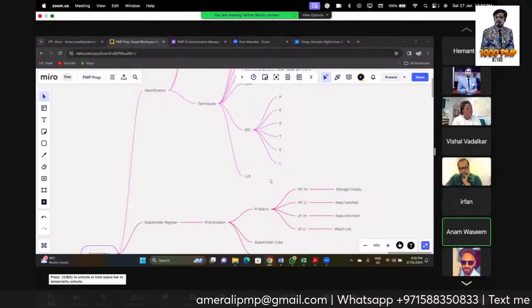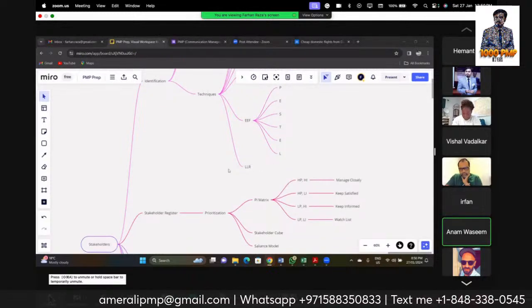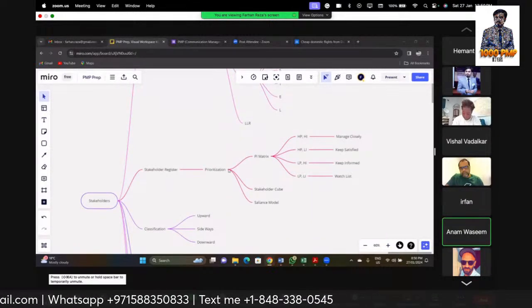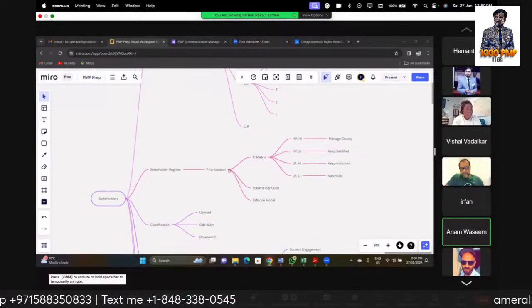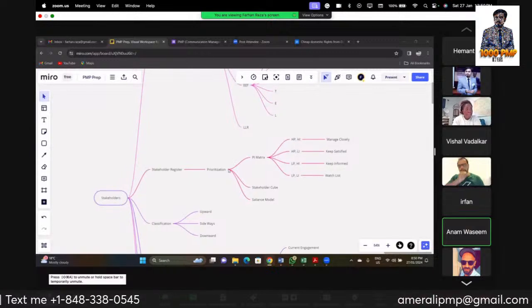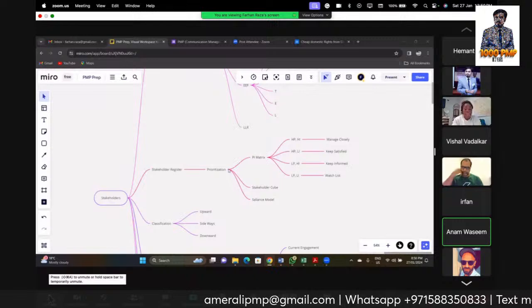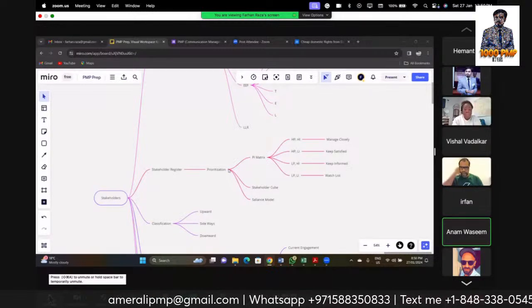We also check the lessons learned register to see if we have missed any stakeholder, because stakeholders are very important and the project manager or the team doesn't want to miss any stakeholder.